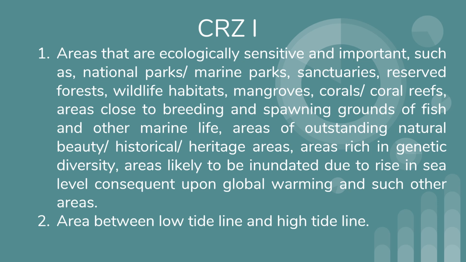Now first let us look into CRZ 1. Areas that are ecologically sensitive and important fall under CRZ 1, such as national parks, marine parks, sanctuaries, wild habitats, mangroves, and coral reefs, areas close to breeding and spawning grounds of fish and marine life, areas of outstanding natural beauty, historical or heritage areas, areas which are rich in genetic diversity, areas likely to be inundated due to the rise in sea level consequent upon global warming, and such other areas.